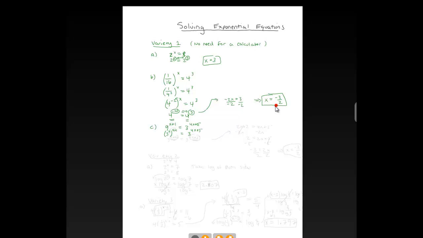And now it's important, this next step confuses a lot of students. This 2 interacts with the x plus 1 by multiplying, but you have to remember to distribute. So it's 3 to the 2x plus 2 equals 3 to the 4x plus 5. And now I've got the same base, so I can set the exponents equal. And I can go off to the side and do the algebra.